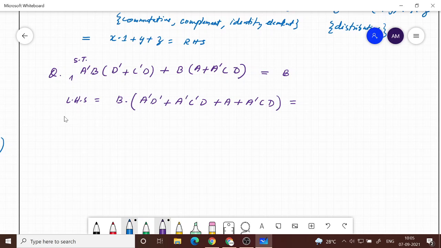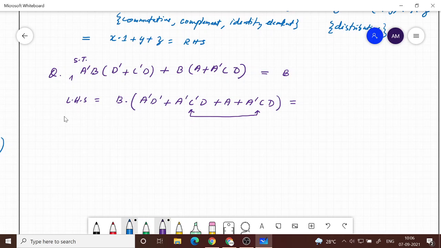Okay, so what else? If you look at this term and this term, A dash and D are common, and C plus C dash is 1. So now I am skipping many steps.